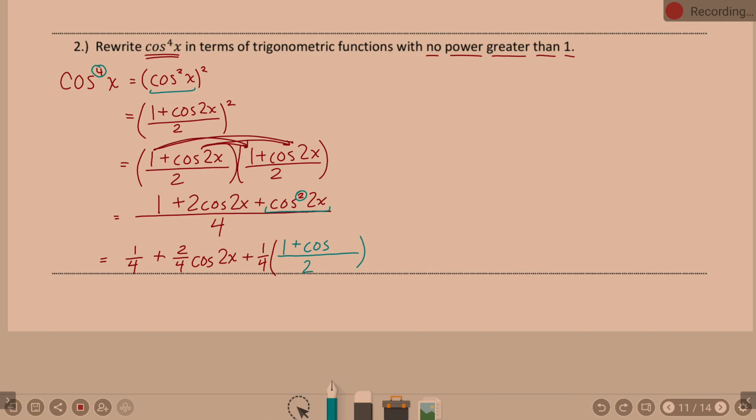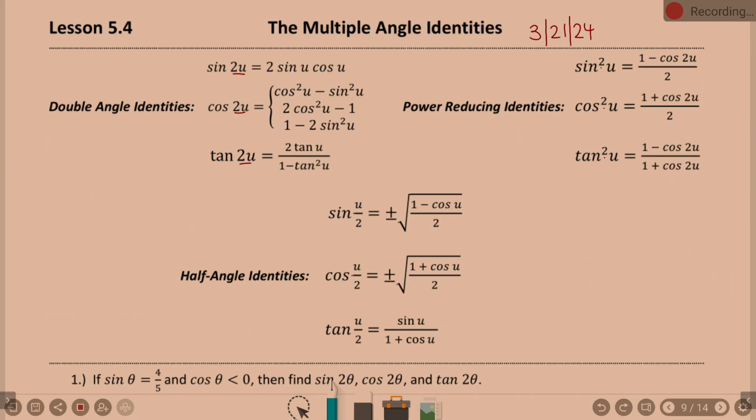Because here's the catch. When you look at the original identity, I'm going to go back to the original identity for a moment. Where is it? Right here. The original identity is saying, if your original piece is a u, then when you use this identity, this becomes a 2 times whatever u is. Are you with me there?